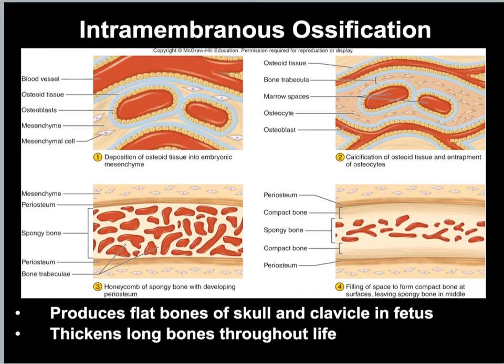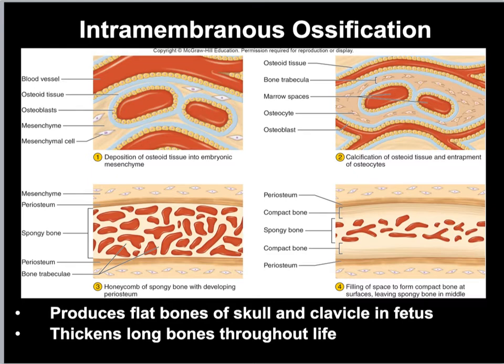connective tissues. So mesenchyme, which you see here and all over the place, is a tissue structure that mainly comes from mesodermal embryonic tissue, and it will develop into connective tissue.